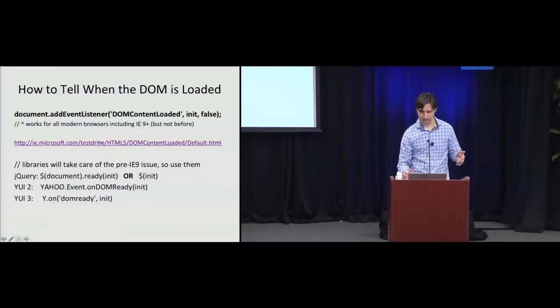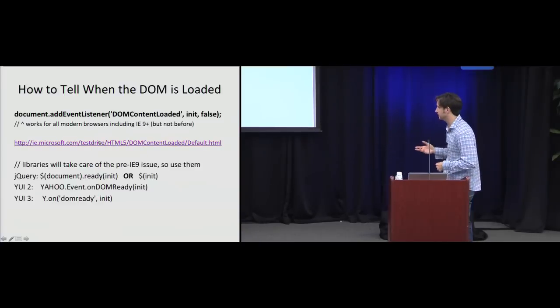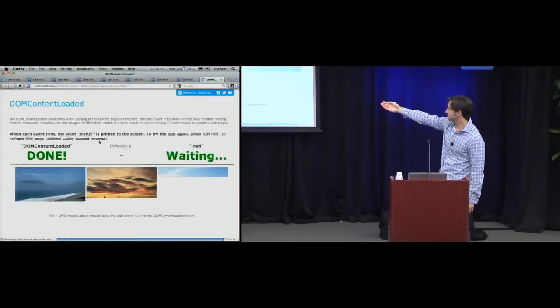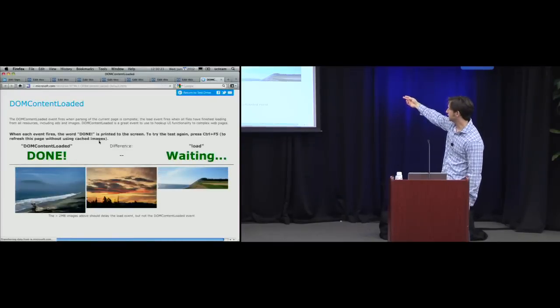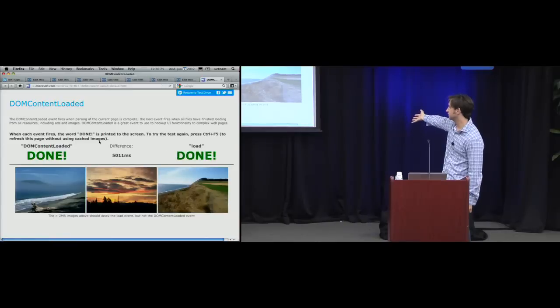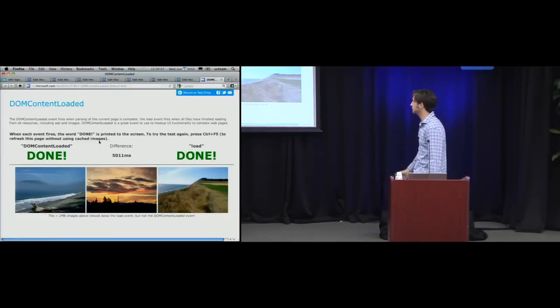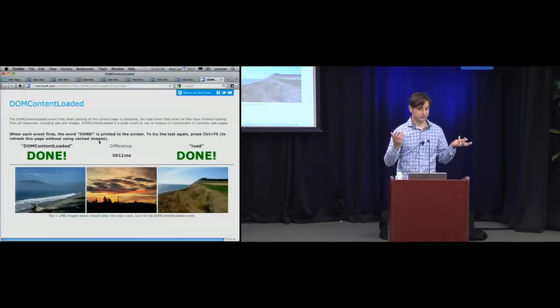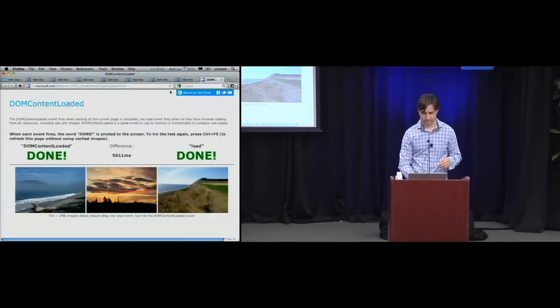Here's a good example, where you have the document loaded on the left, and we're still waiting on the right for the actual page load, which is everything, including images. So the best practice is really to hook up events. You can start hooking up events immediately once the DOM's ready, unless, of course, you need those images or something like that.